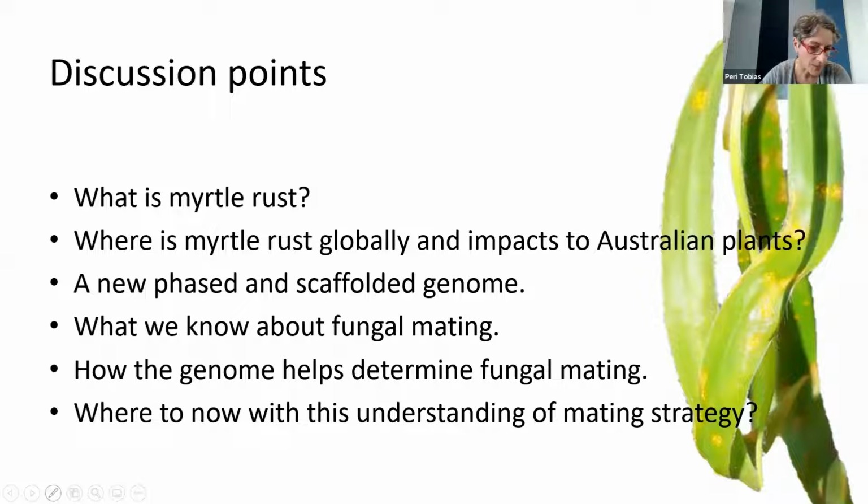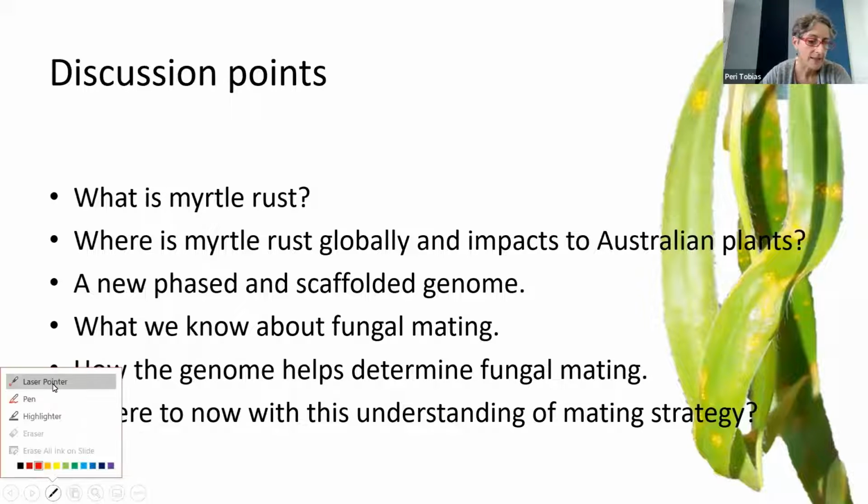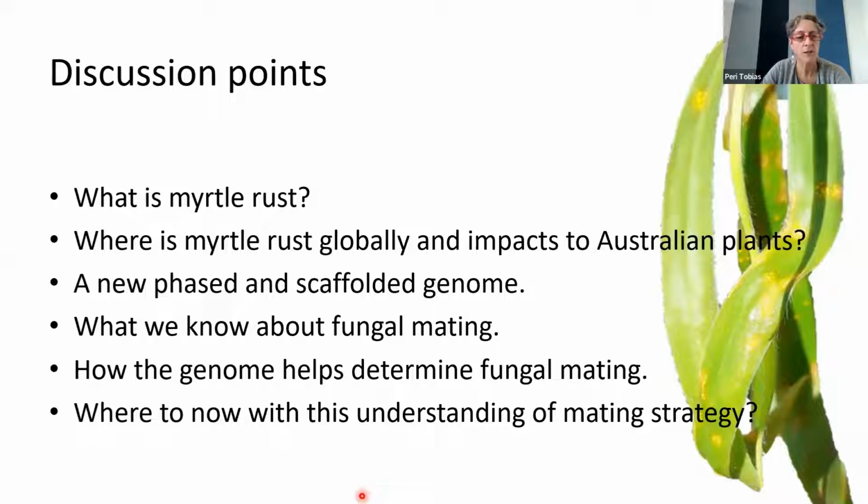So basically, I guess many people know what myrtle rust is, but I'm going to go through a bit of a discussion about what myrtle rust is, where it is at the moment globally, and the impacts to Australian plants and beyond.